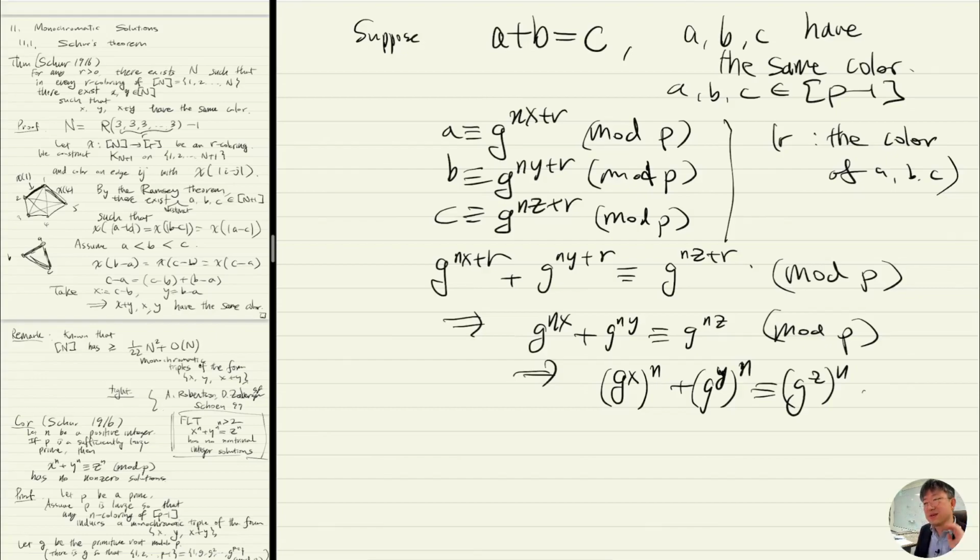This means that these are non-zero solutions: this to the n plus that to the n is equal to that to the n, and none of them is 0 modulo p. All right, so that's Schur's theorem.